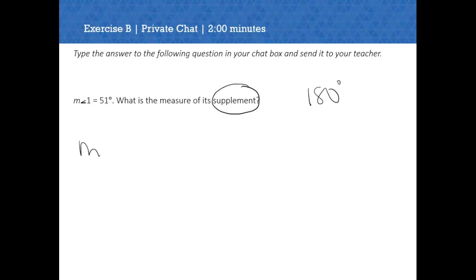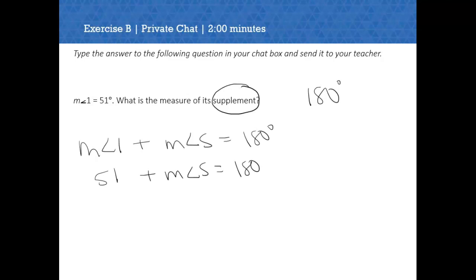So we know that the measure of angle 1 plus its supplement, I'm just going to call it the measure of angle S, has to equal 180 degrees. So 51 plus the supplement has to equal 180. Subtract 51 from both sides. So the measure of the supplement angle is 180 minus 51, which is 129 degrees.